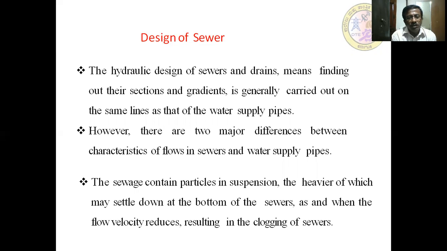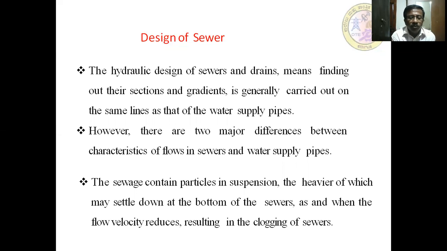Whatever the section of an area, longitudinal section, and all these things, we lay the sewer pipeline in such a way that at each and every point of the city, or each and every point of the sewer drainage area, the flow occurs through gravitational flow only.